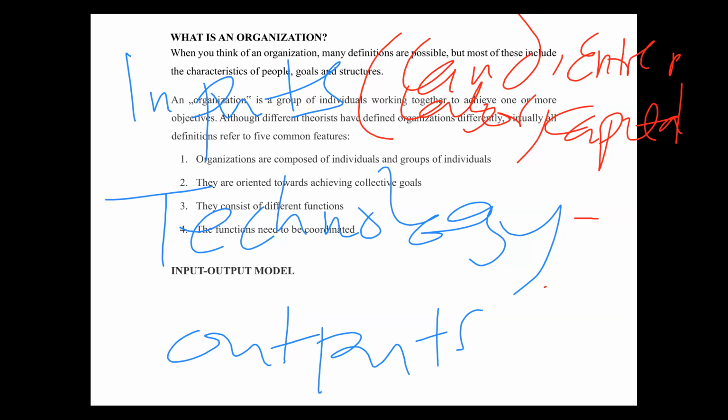It should be understood in this context: the ways, the methods, the techniques that you use to convert the inputs into the desired outputs. And these outputs are basically the finished goods that we produce. So the input-output model is just there to explain the mechanism that happens from the conversion of those raw materials and the technology used so that we can have the desired output. Is that clear?